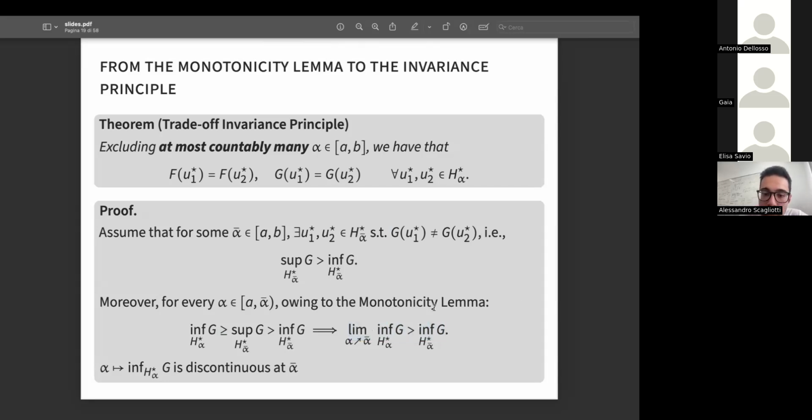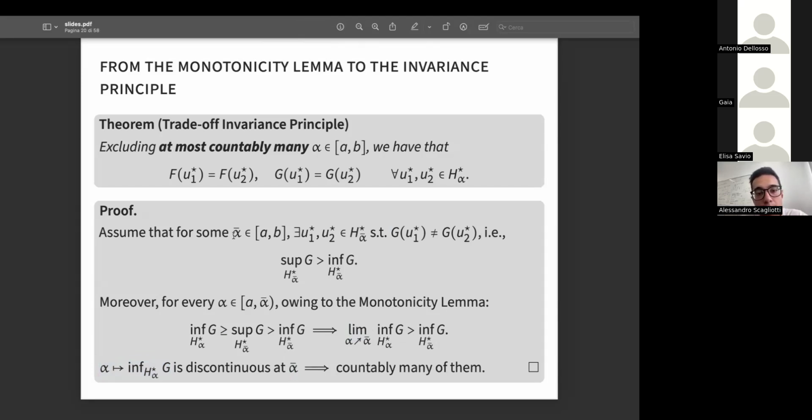So we get that the left limit as alpha goes to alpha bar is discontinuous. So the function that is mapping alpha into the infimum of G computed on H star alpha has a discontinuity point at alpha bar. But as said before, G is monotonic, hence we may have at most countably many discontinuity points.